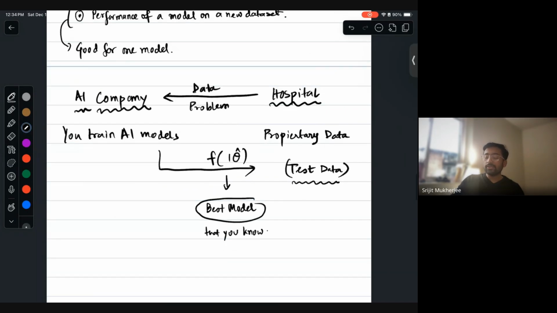So the question is, they have given you, let's say, whatever data for training. So now you have training data, companies' data or hospital data.